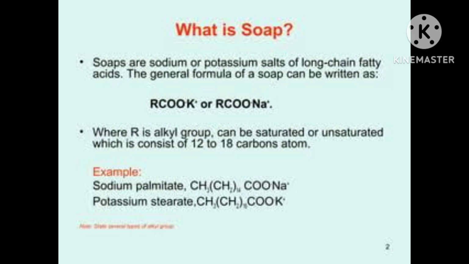Okay, and the units, how will you express hardness?